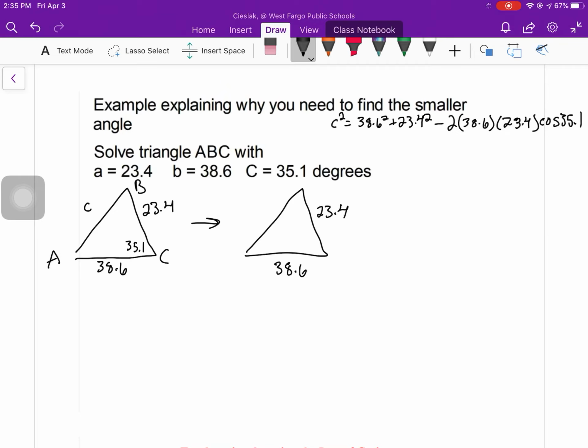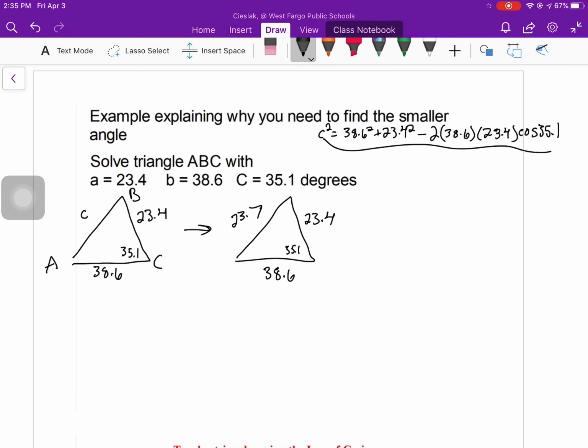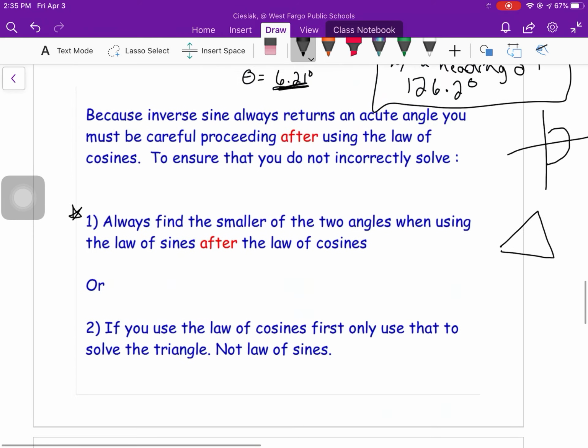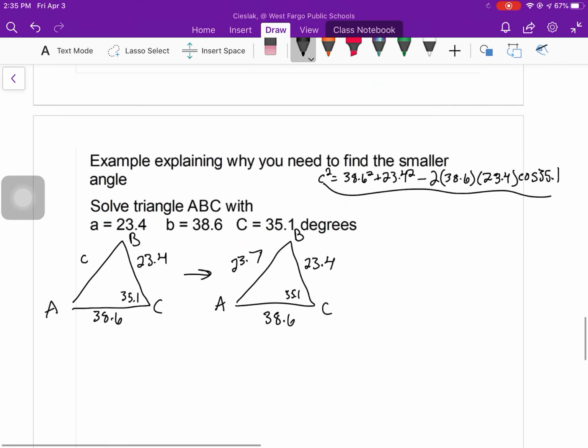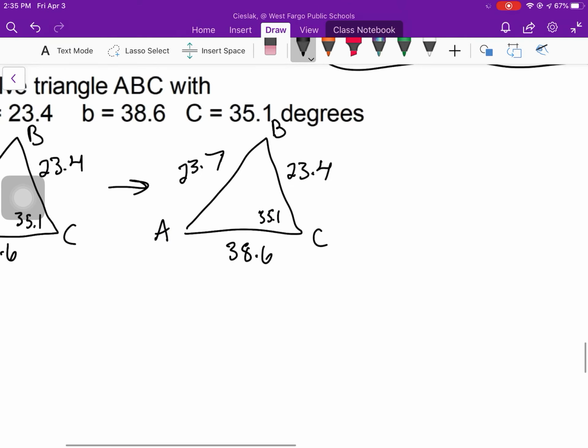I've got this being 38.6, 23.4. This is 35.1, and 23.7 is what you get when you solve that. And this is A, B, C. So this is our scenario. We just used law of cosines. Part 1 says always find the smaller of your two remaining angles.